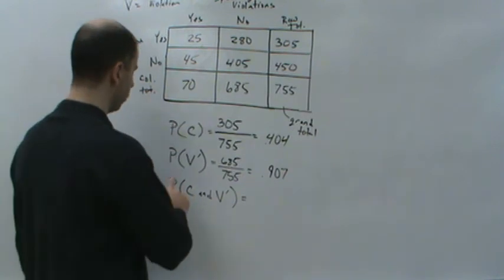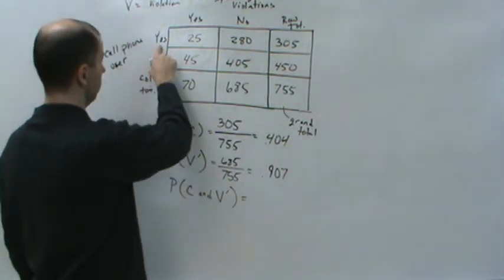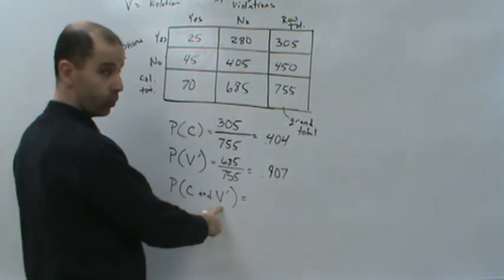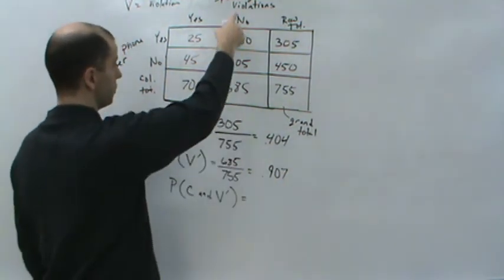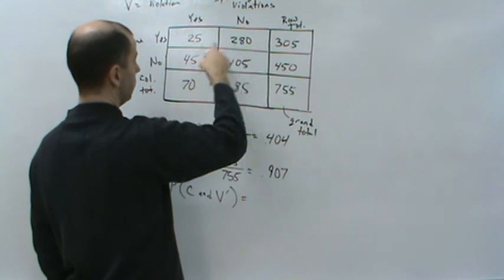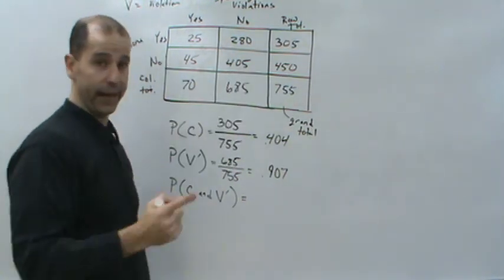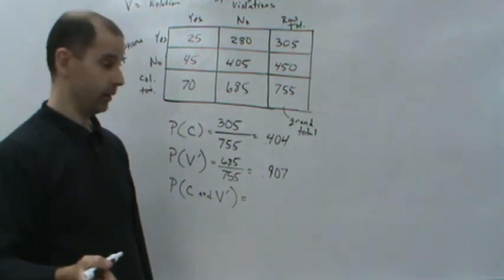Well, we go across cell phone users, and no for speeding violations. So we go down this column, across this row, and it's right there. 280 people fit into that, okay?